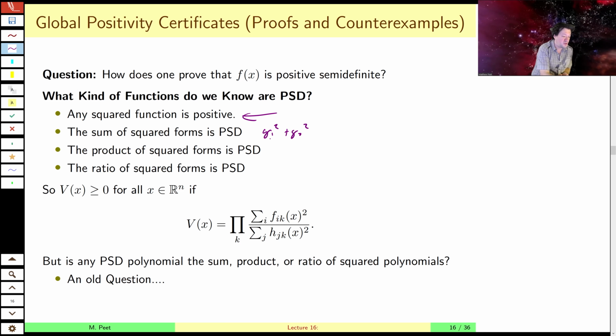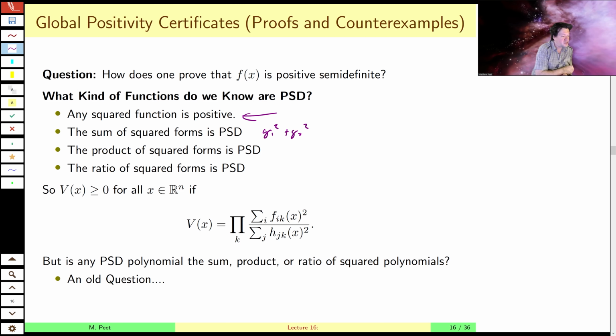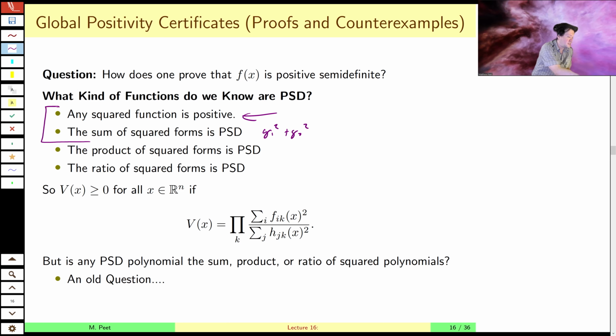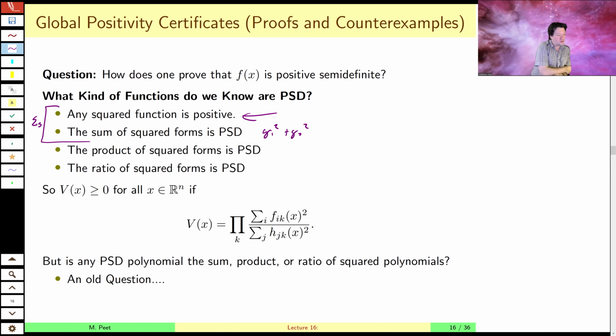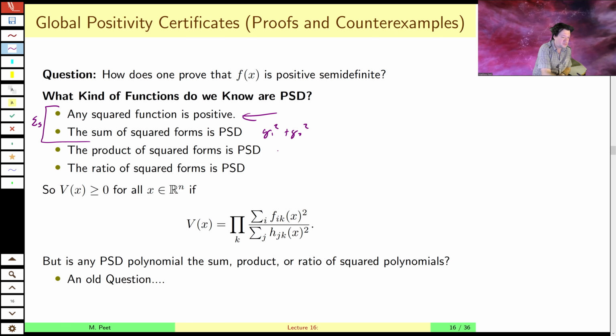Any g1, if it's squared, is positive. Add another g2 squared to it, it's also positive. So if you sum up squares, you're positive, and that's SOS right there. But we could go a little bit further, because other things are positive. If you take two positive functions and multiply them together, that's also positive.